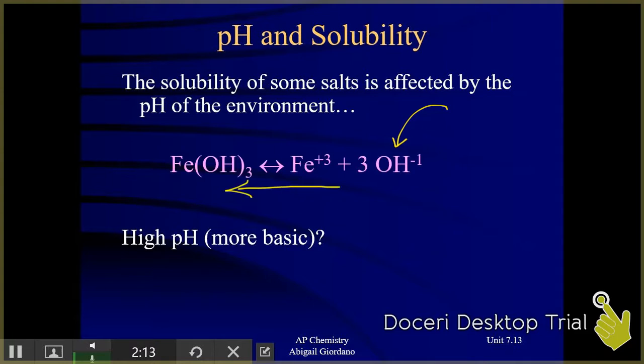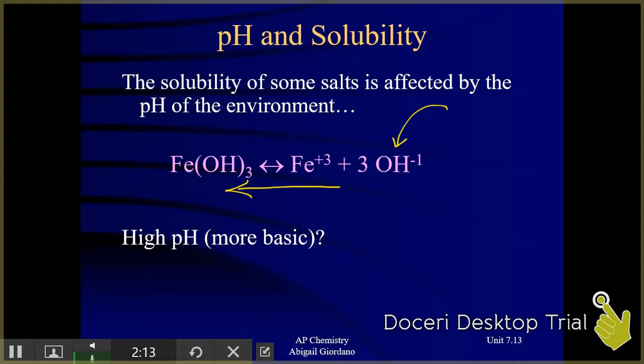That is going to cause a shift in the reverse direction to consume some of this additional product and form more of the solid salt. So for this particular salt, if I try to dissolve it in a more basic environment, it's not going to dissolve as well. Its solubility will be less in a basic environment than it would be in pure water.